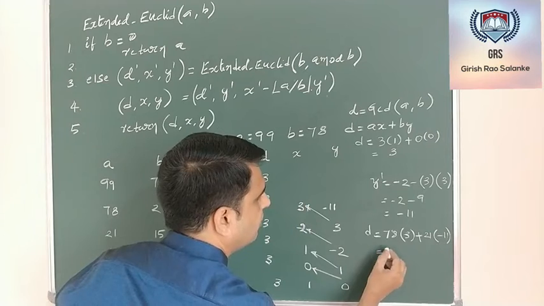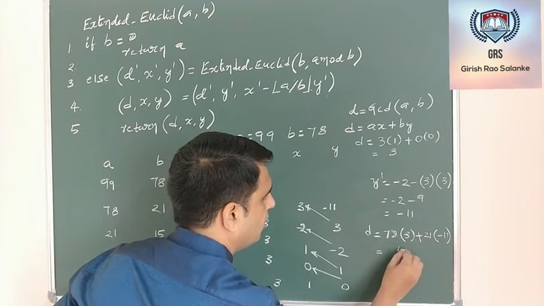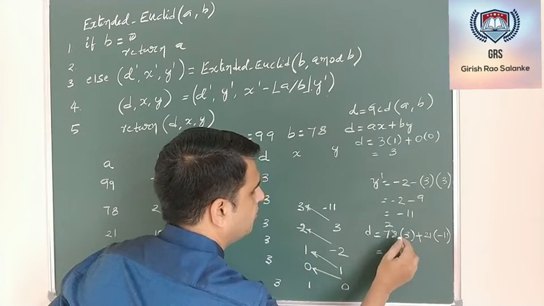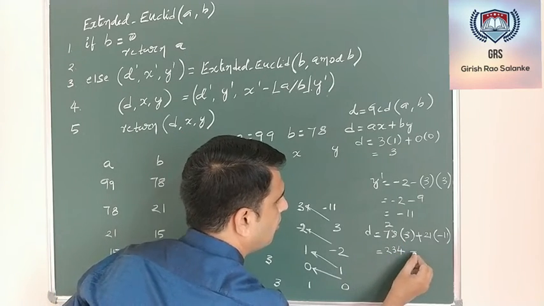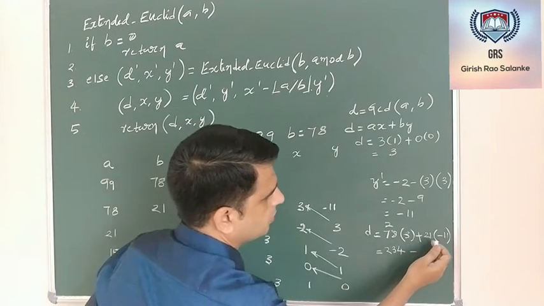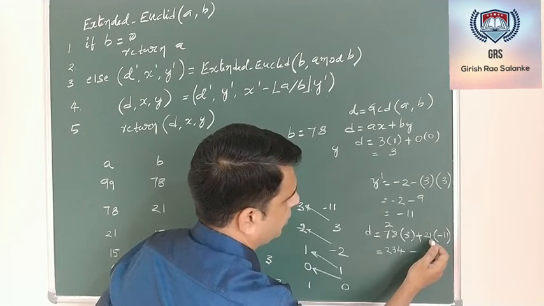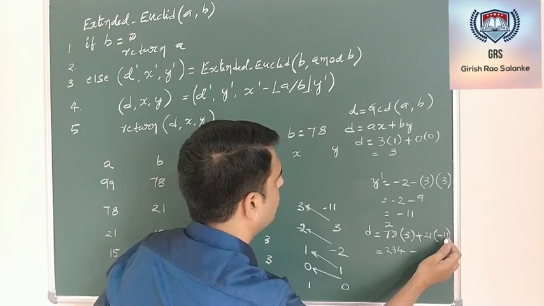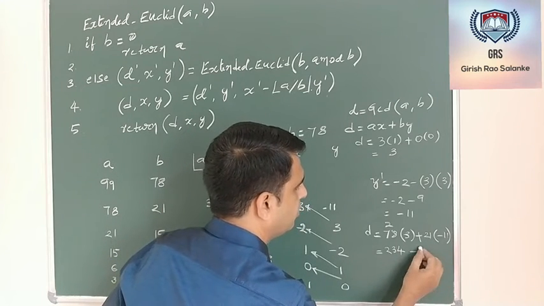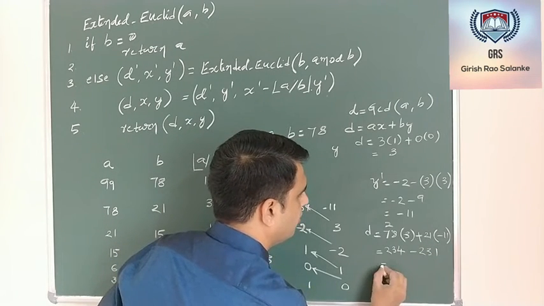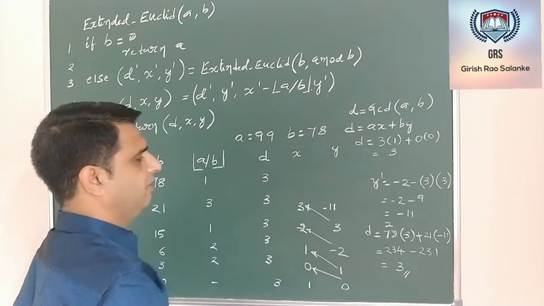Please calculate this value. 78 into 3 is 234, minus 21 into 11, which is 231. I got my D value as 3.